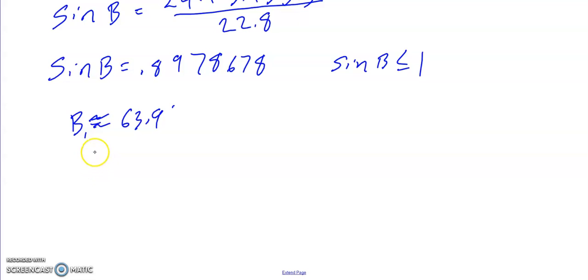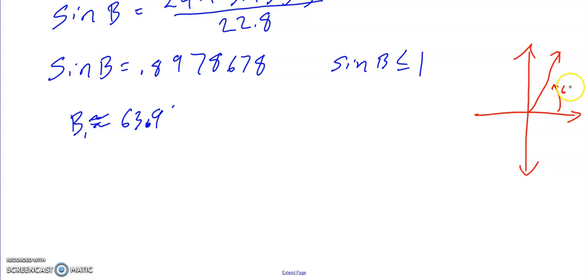All right, so we know it exists and we know it gives us an angle. Now the question is, is this the only triangle? Is this the only angle that it works? Well, what this is saying, remember, is that B has a reference angle of 63.9 degrees. Where else might sine have an angle? What other angle gives me a sine value that's positive?